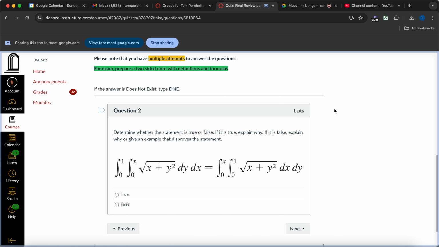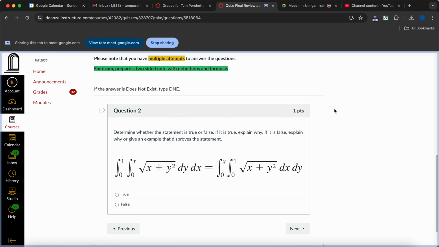For this question, since we are changing the order of integration, the thing is that they have the variable x in their lower limit and upper limit bounds. So when we change them, we need to find the limits again. When I find that, for y the minimum and maximum will be 0 to 1.